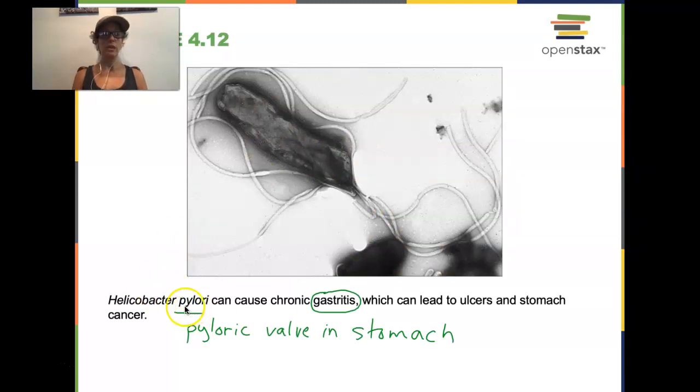Helicobacter pylori, called pylori for the pyloric valve in the stomach, causes gastritis, so it does not affect the intestines. It is affecting the stomach. They do have flagella, a grouping at one end for moving, and they cause ulcers and stomach cancer. It was long thought that ulcers were caused by stress, and that the stress and corticosteroid release was damaging the stomach lining.